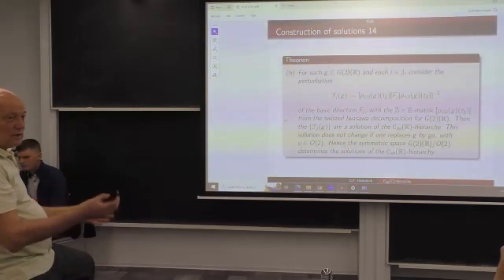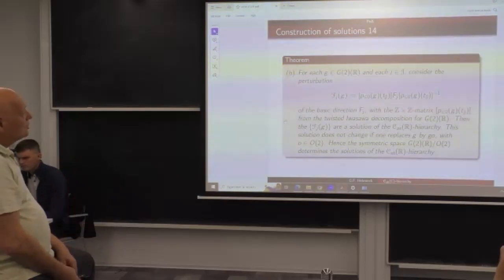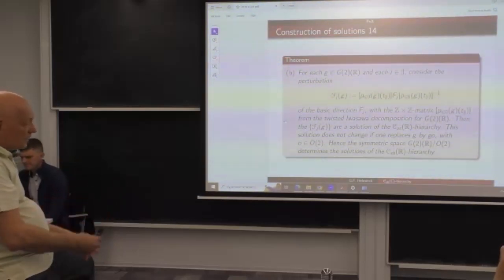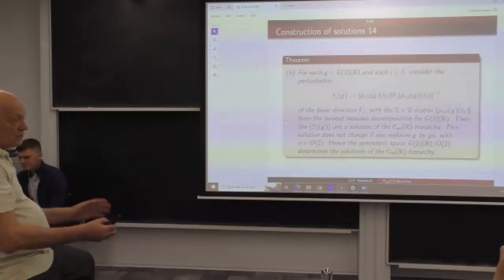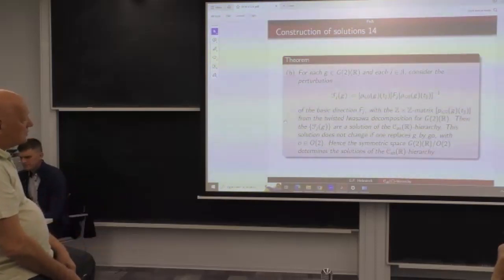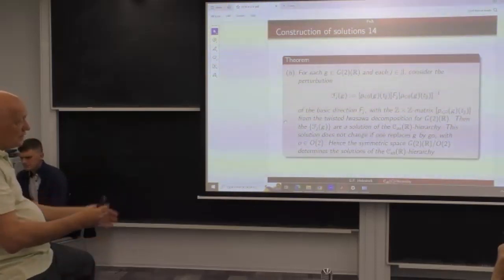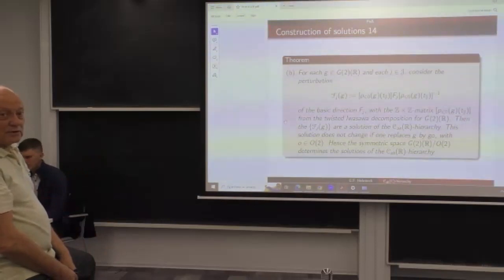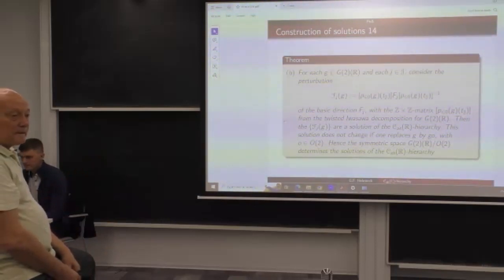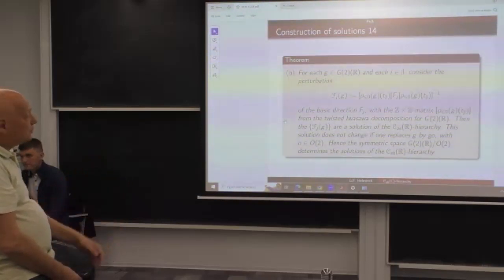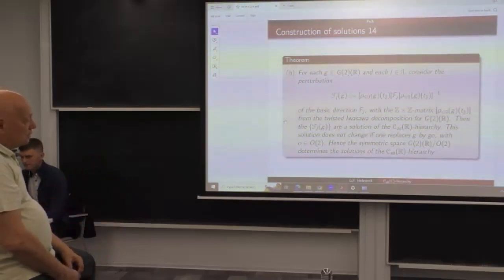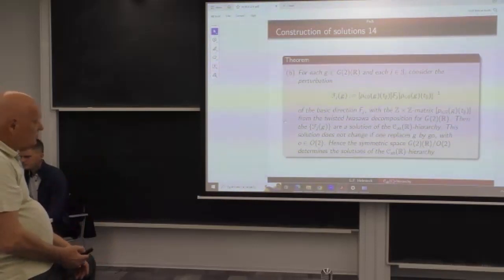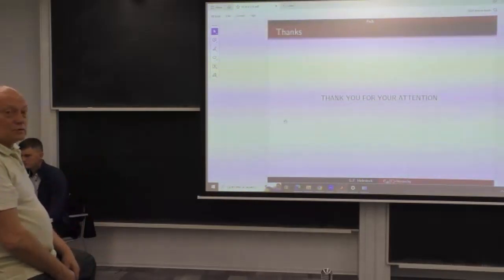So if you choose a different algebra decomposition, then you will end up also with a different group or homogeneous space of solutions. So this was what I wanted to say.